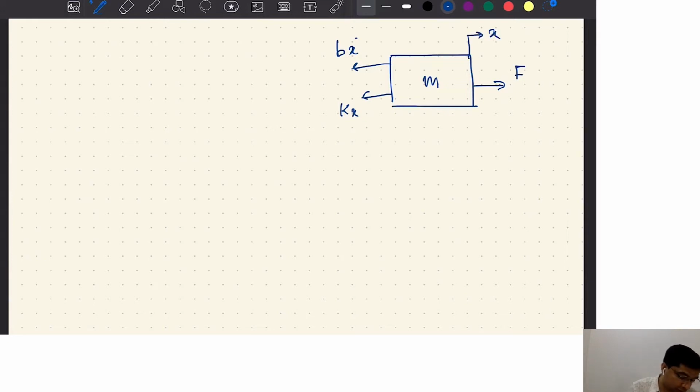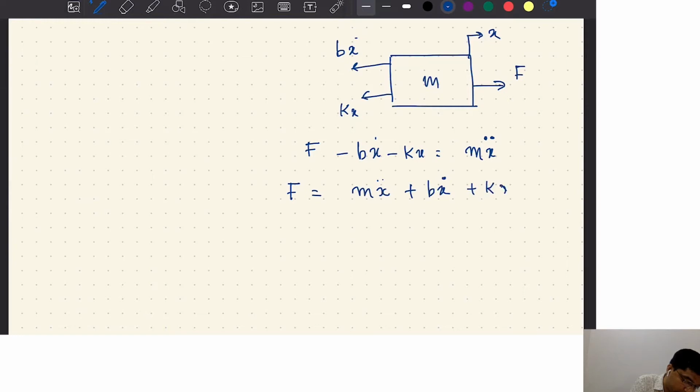Okay, if I write down the force balance, what will result in the motion is m x double dot. This comes because of F, but then there is the frictional force and also the spring pulling it back. Or in other words, I can write F equal to m x double dot plus b x dot plus k x.